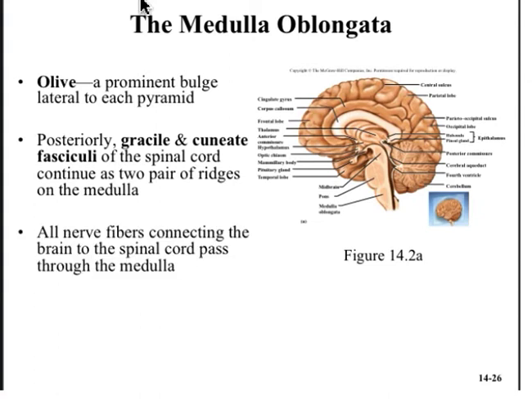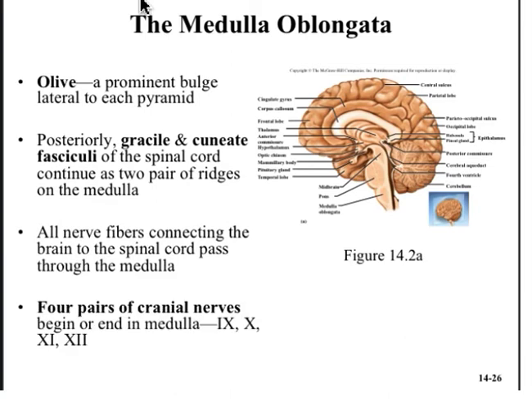All the nerve fibers that connect the brain to the spinal cord pass through the medulla, and there are four pairs of associated cranial nerves, 9, 10, 11, and 12. Remember that cranial nerve 9 is the glossopharyngeal, the vagus is cranial nerve 10, the accessory is cranial nerve 11, and the hypoglossal is cranial nerve 12.